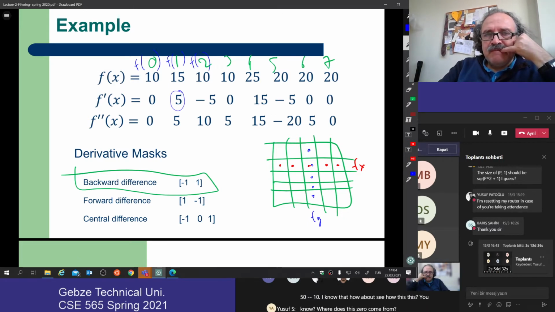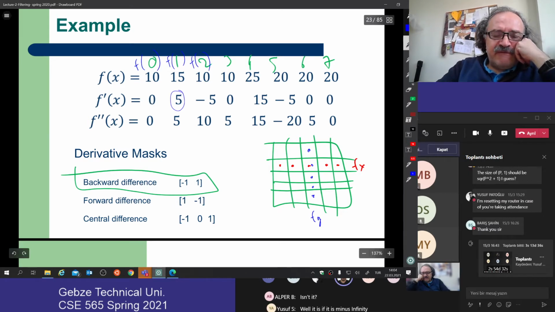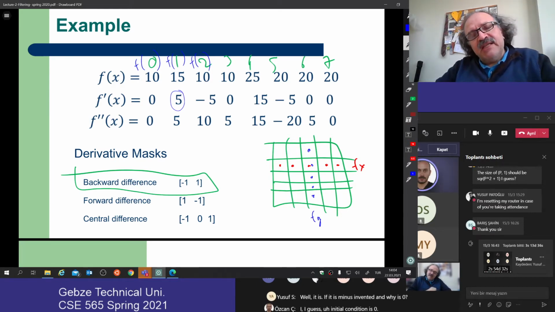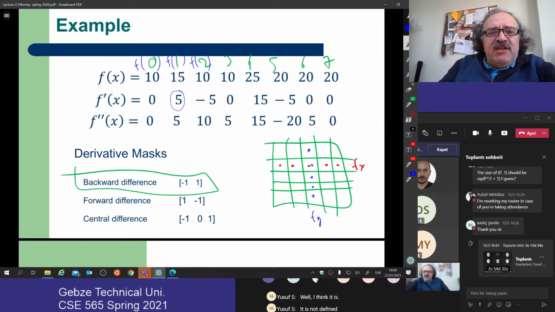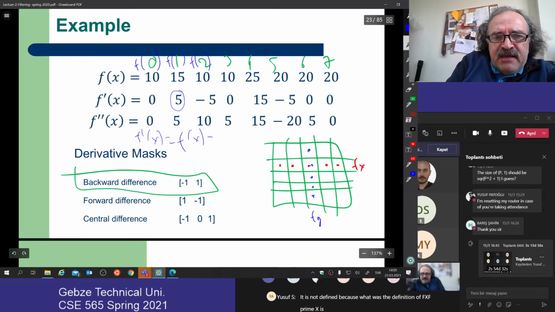Because before 10, it's minus infinity. Well, if it is minus infinity, then why is this 0? I guess the initial condition is 0. I think it is not defined, because what was the definition? f prime of x is f(x) minus f(x minus 1).